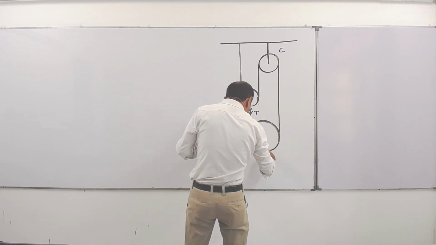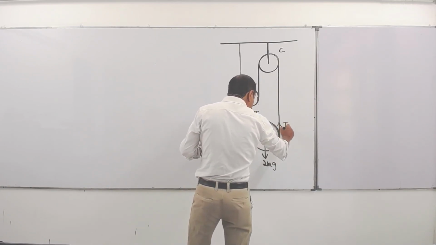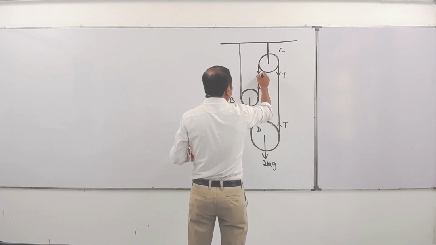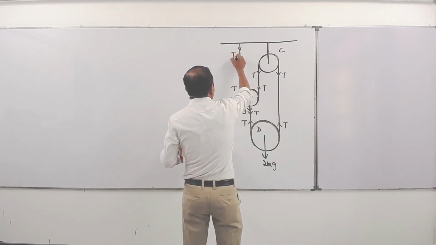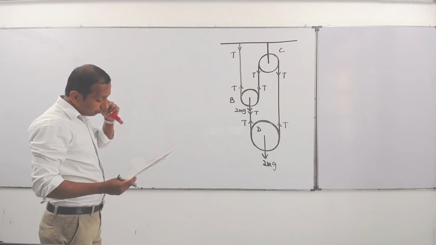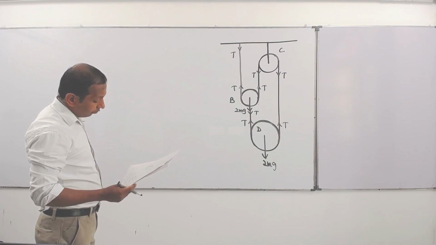Here also mass 2m, weight 2mg. Tension upwards, here P downward. Here this is the same tension along the string everywhere, because the string is light and inextensible. Okay, the diagram is correct.